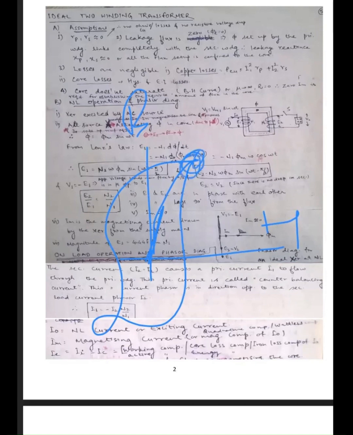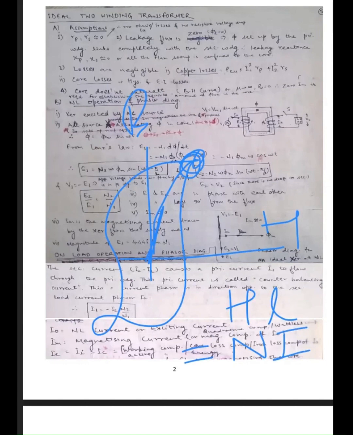So to increase the flux, we have to increase the HL. What is this HL? This is the MMF, and it can be increased by increasing the number of turns and the magnitude of the current.